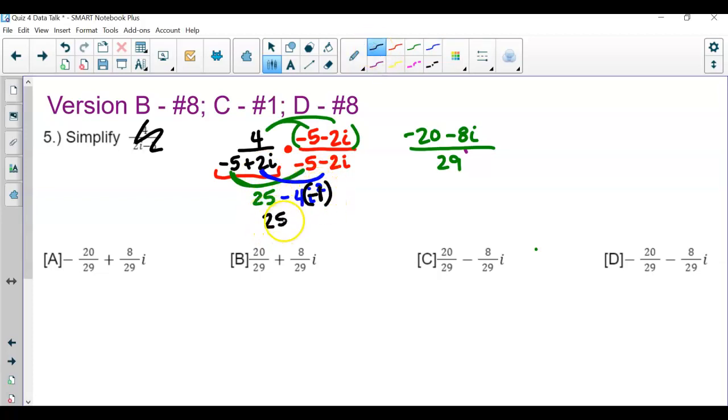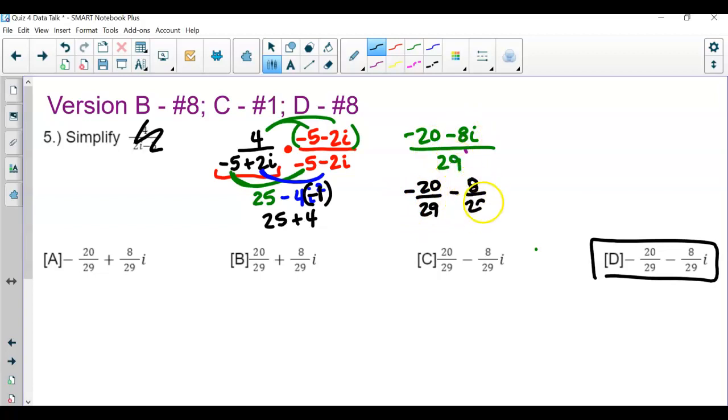So that's why this is 25, negative times a negative, positive 4, and there's your 29. Now, notice how both are negative, so that's why here the answer is D. Because if I were to separate this, that is negative 20 over 29, and that 8 is also negative, so minus 8 over 29i as well.